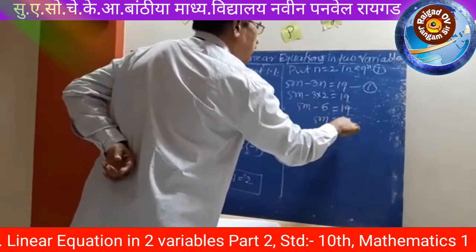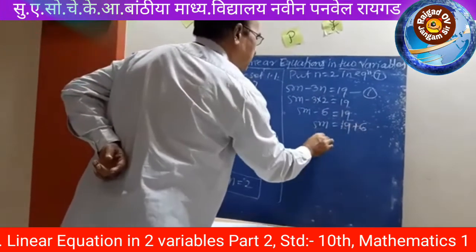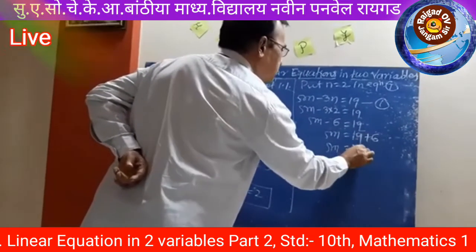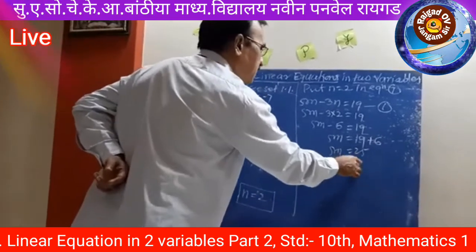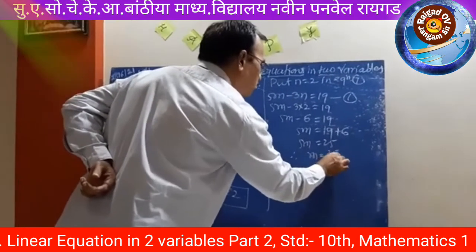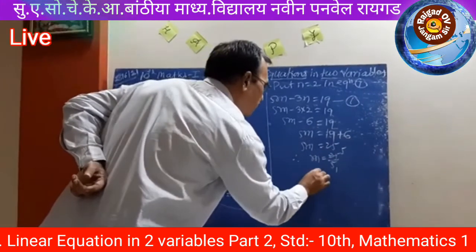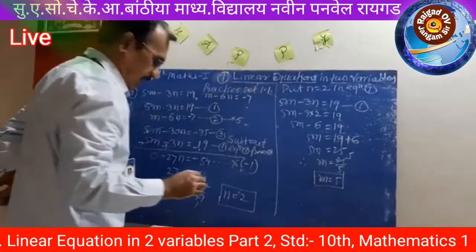Take minus 6 to that side, it becomes plus 6, and therefore 5m is equal to 19 plus 6, which is 25. Then if 5 goes to that side, it becomes divide. Therefore m is equal to 25 upon 5. 5 ones are 5, 5 fives are 25, meaning m is equal to 5. This is the answer of m.